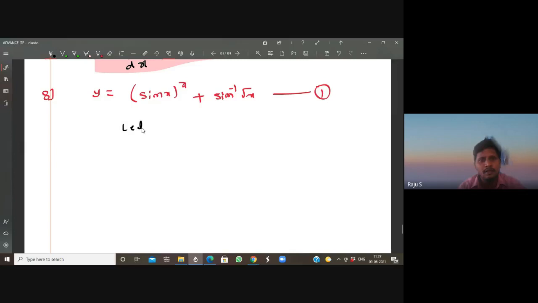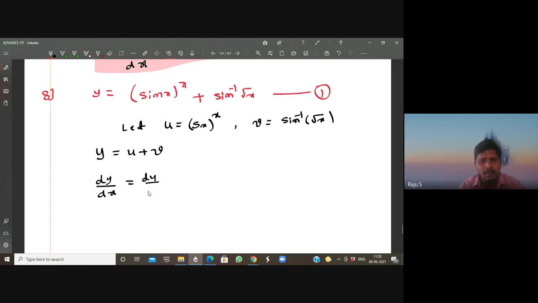Let u be equal to (sin x) whole to the power of x, and v be equal to sin inverse root x. Then y becomes u plus v. Then dy by dx becomes du by dx plus dv by dx. Okay, so what to do here?